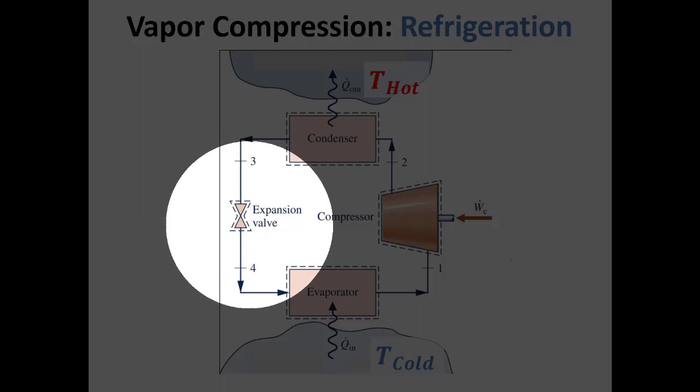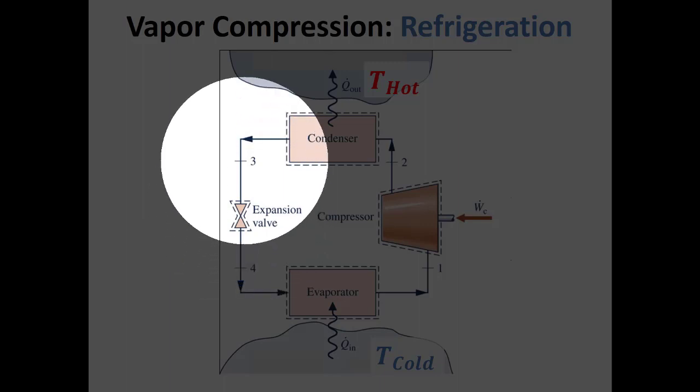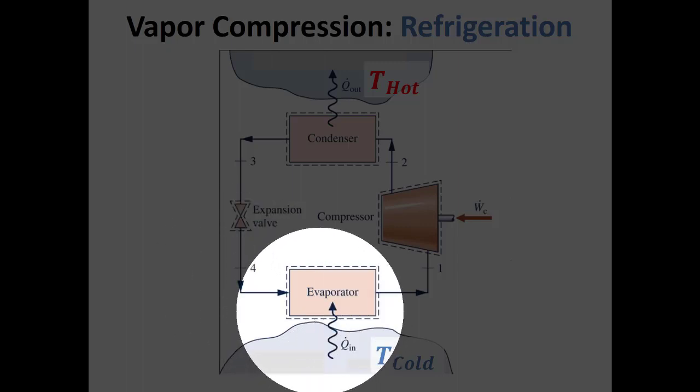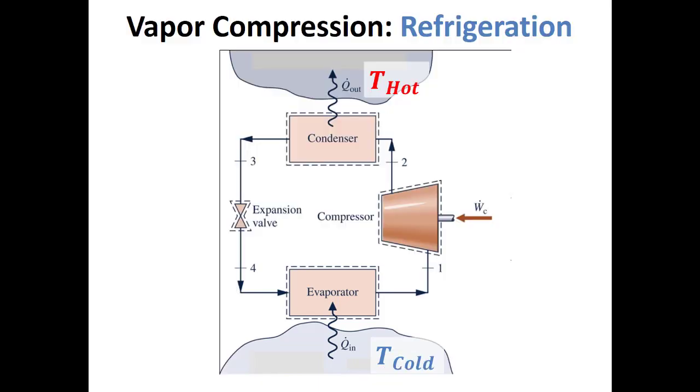Instead, we have an expansion valve. So we move through this expansion valve, whose purpose is to reduce the pressure, just like a turbine would. And then we're right back ready to get to the evaporator. In a refrigeration cycle, it's the evaporator that's the key component here because it's removing heat from the cold place. Right?